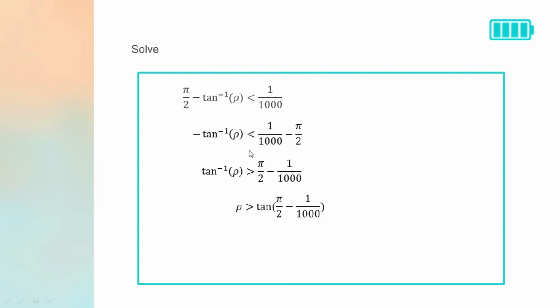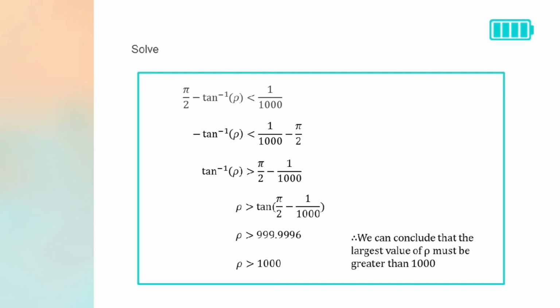Then leave rho alone on the left side, so it will be rho greater than tangent of pi over 2 minus 1 over 1000. So the answer is rho is greater than 999.9996. If we round it, rho is greater than 1000. So we can conclude that the value of rho must be greater than 1000.